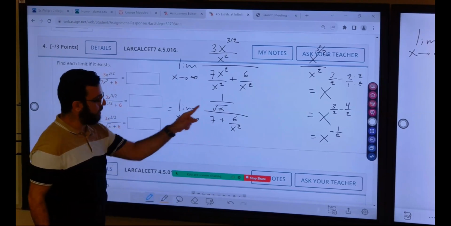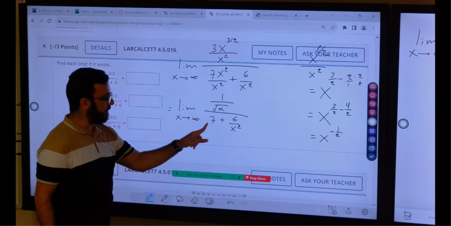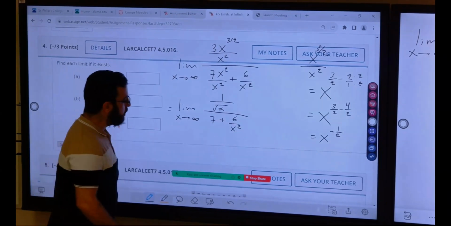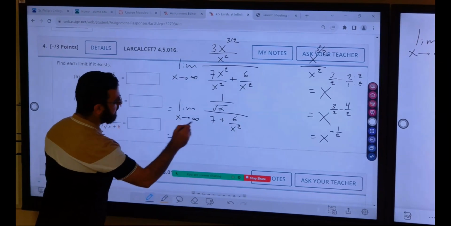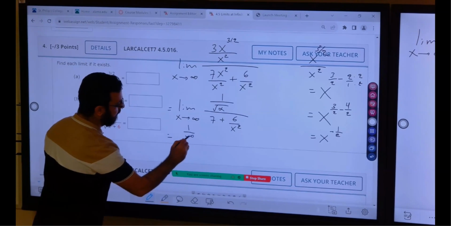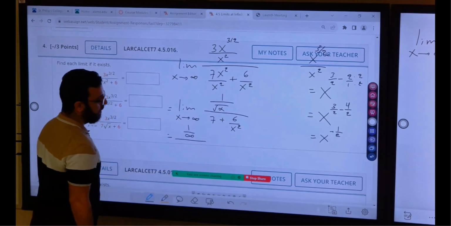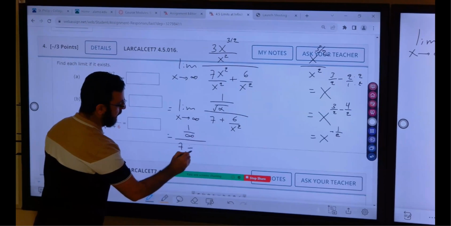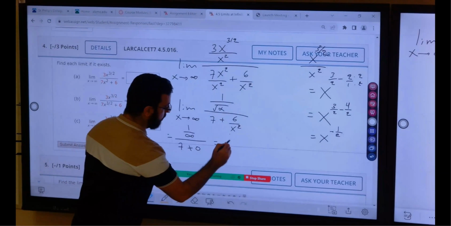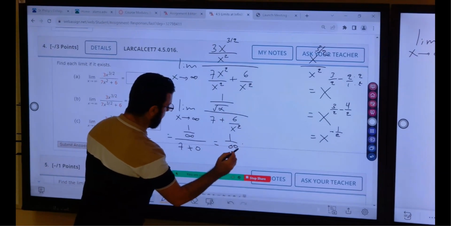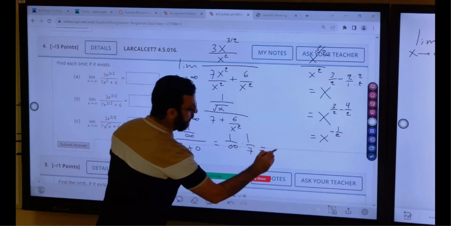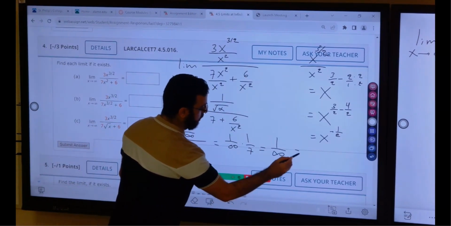Now what about here? This is 7. The limit for this one is going to be 0. So now, let's take the limits. The limit for this part is going to be 1 over infinity. The limit here, 7 plus 0. So if you flip it, it's 1 over infinity times 1 over 7. That means 1 over infinity, which is equal to what?